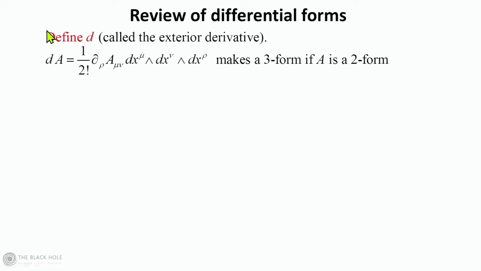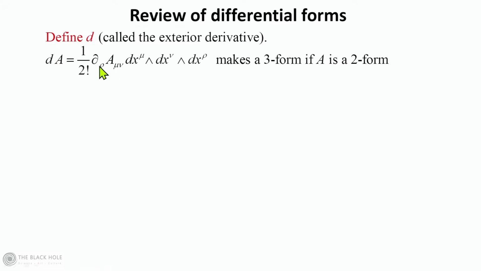I also mentioned the exterior derivative, and I hope that you've read up something since that time. So what an exterior derivative does is it raises the form, it takes a P form and makes it a P plus 1 form. So D acting on this 2 form A, here's the 2 form A mu, dx nu.